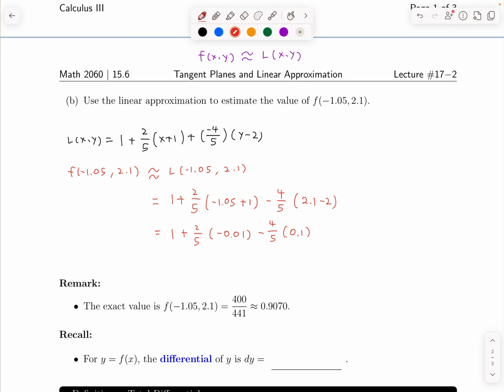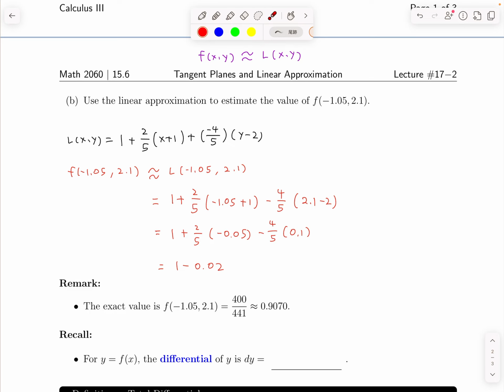Okay, and I believe this should be 0.02. Oh, wait, this is 0.05, right? I made a mistake. So negative 1.05 plus 1, so negative 0.05. When you do cancellation, that will be negative 0.01, and multiply by 2, negative 0.02.